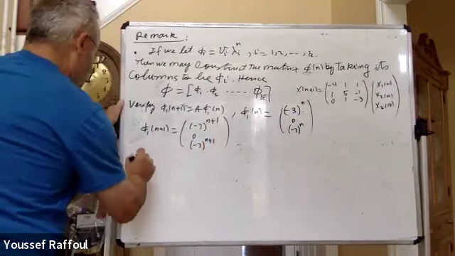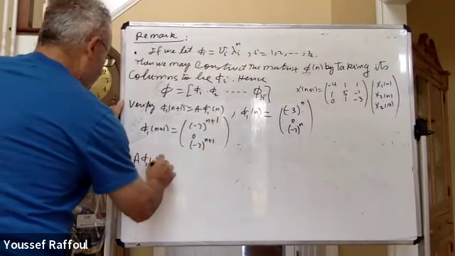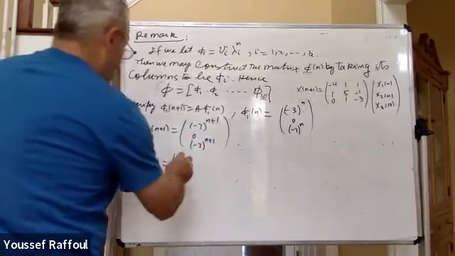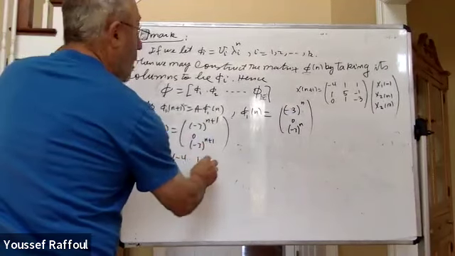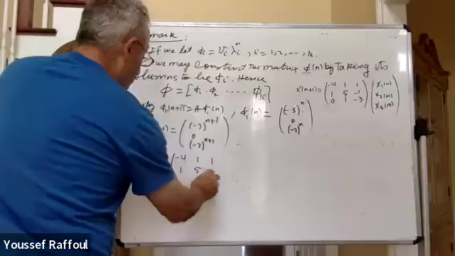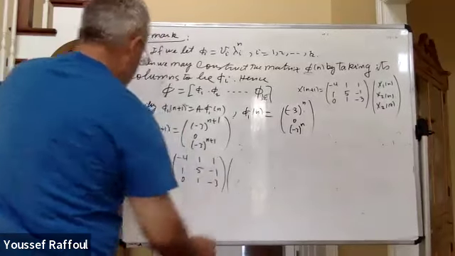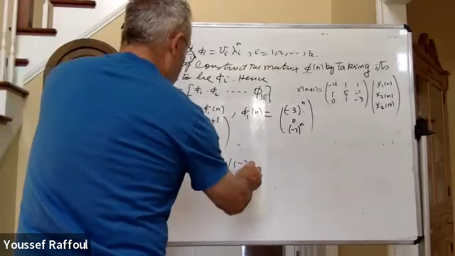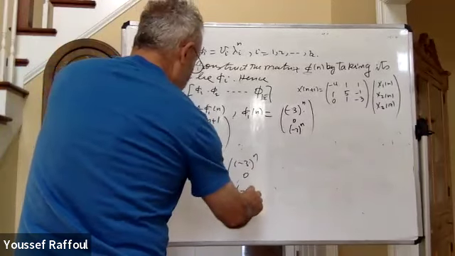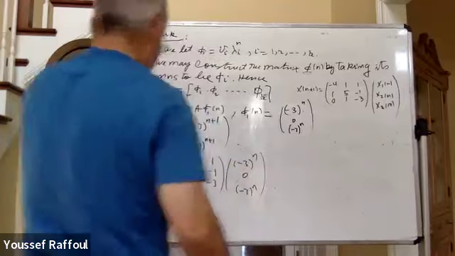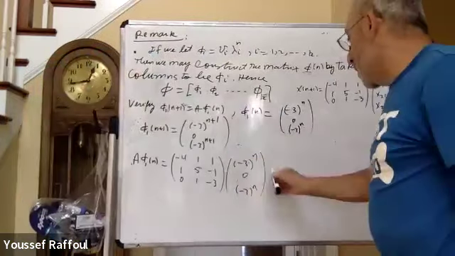What is A phi1 of n? That is the matrix with rows (-4, 1, 1), (1, 5, -1), (0, 1, -3) times (-3 to power n, 0, -3 to power n). So hopefully I will get this one.